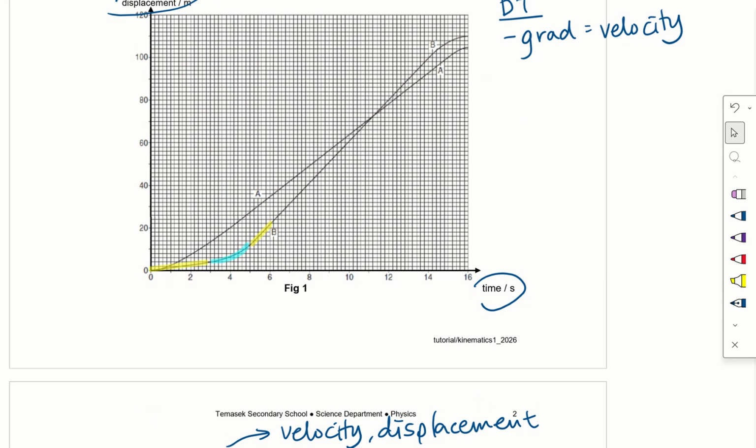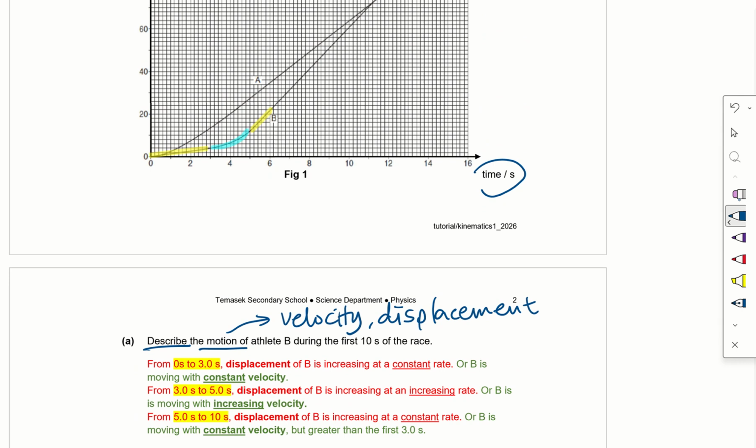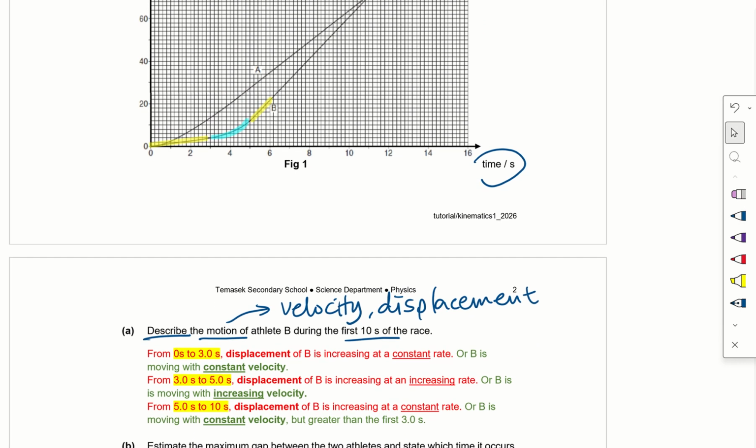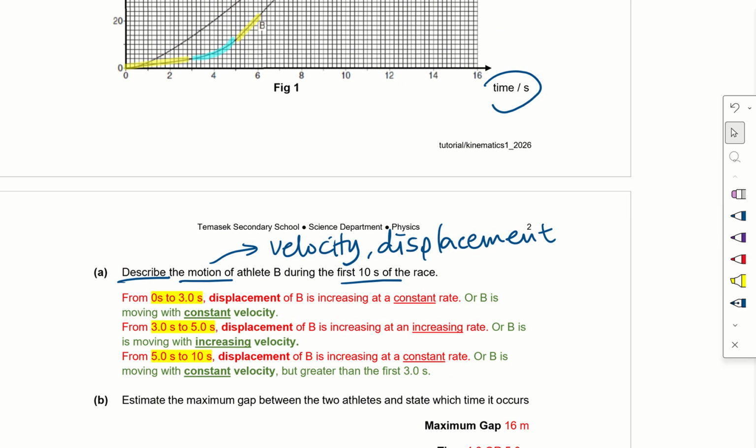As you can see, there are three highlighted parts, right? Because they say for the first 10 seconds. So for the first part, the answer is as such. From 0 to 3 seconds, you notice that the displacement of B is increasing at a constant rate, right? That means the graph is a straight line.